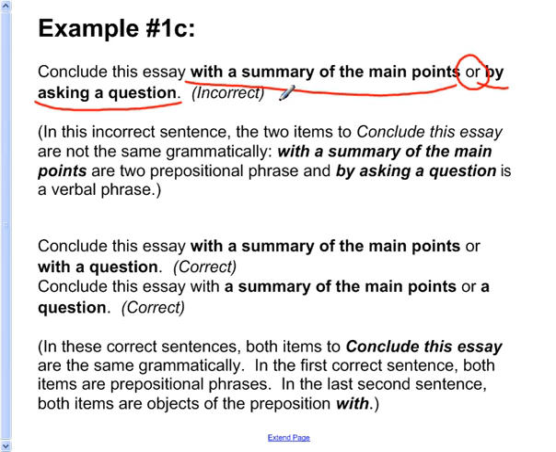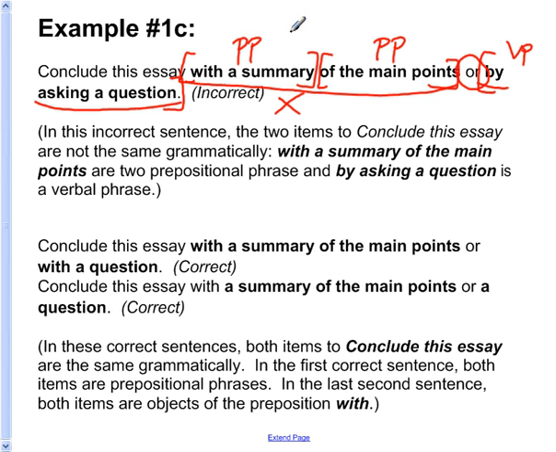These 2 items are not in parallel. The first item, with a summary of the main points, has 2 prepositional phrases. The second item in this list, by asking a question, is a verbal phrase.